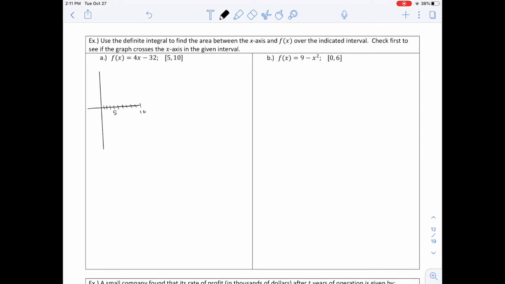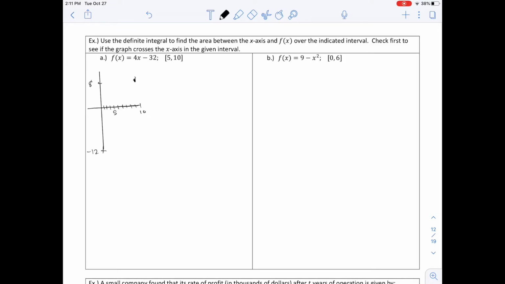And when you substitute 10 into your function, you have 4 times 10 minus 32, which is 8. So I'm just going to go ahead and label this as an 8 up above, putting a dot. And then when you substitute in 5, you have 4 times 5 minus 32, and we arrive at a negative 12.